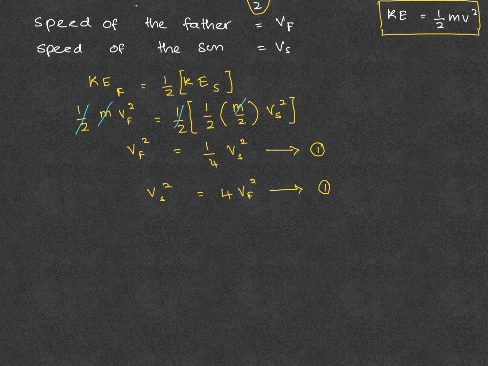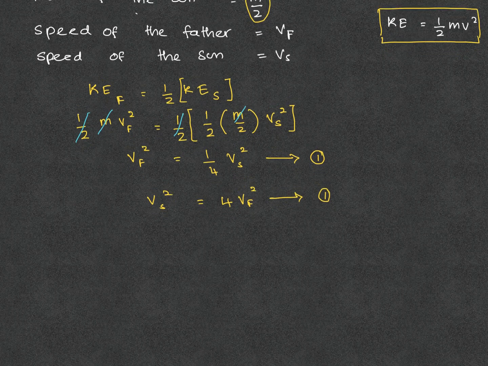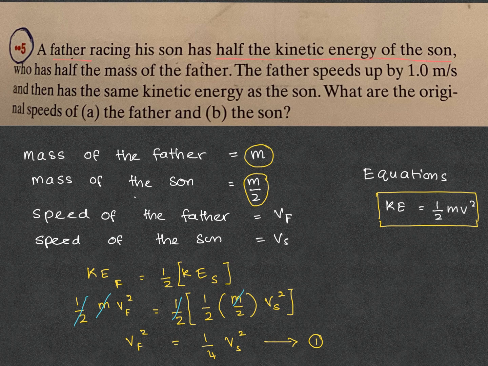Now you can read the second part of the question, and the second part of the question says, the father speeds up by 1 meter per second and then has the same kinetic energy as the son. Now what does it say? Now the father's speed, we said the father's speed is vf. Now it is increased by 1 meter per second.